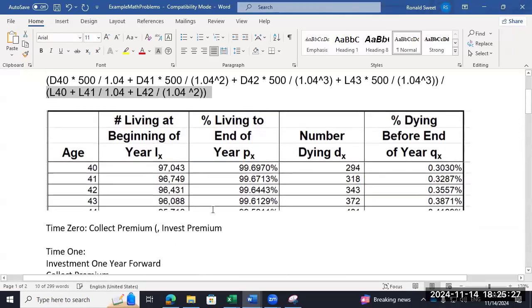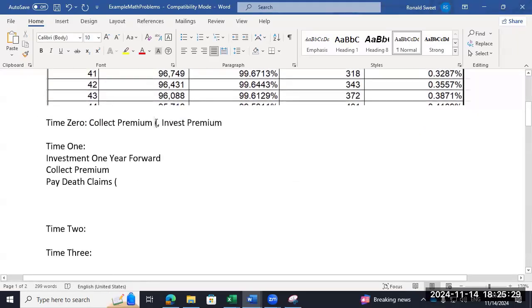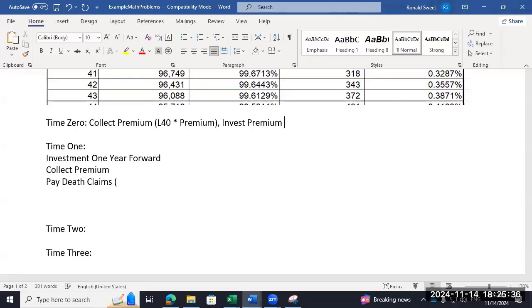Oh, L40, right? L40 times the premium. You're going to invest this at 4%. All right. Who pays the premium here? It's in year 1. L41 times your premium.